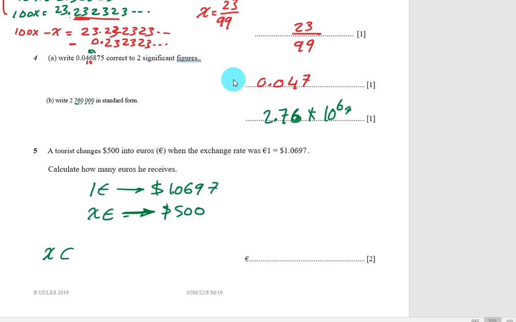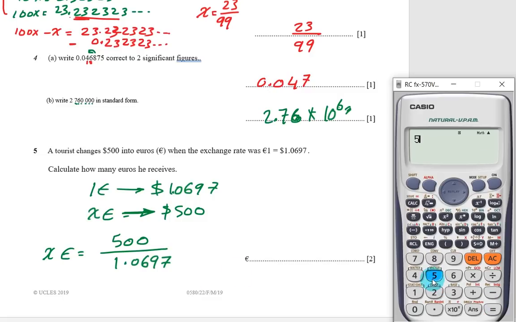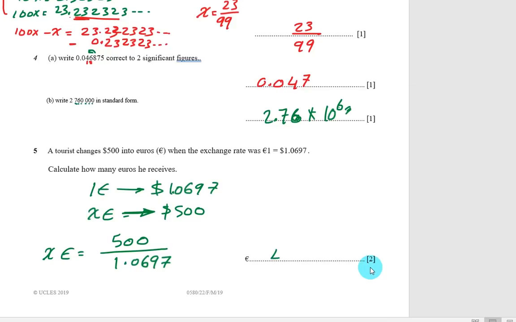So X in euros is equal to 500 divided by 1.0697. So how many euros does he receive? 500 divided by 1.0697 will equal 467.42 euros.